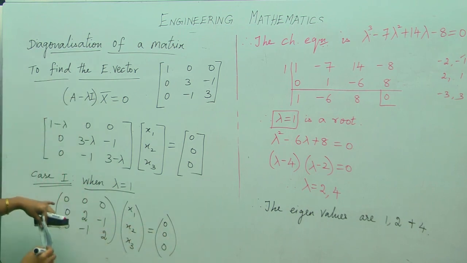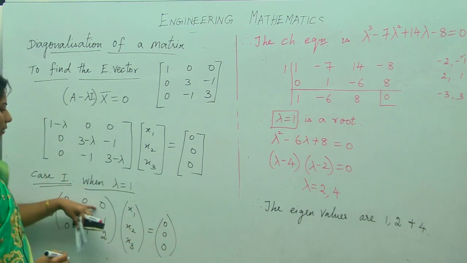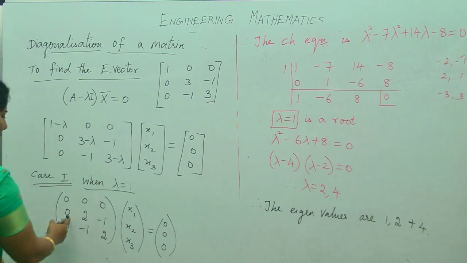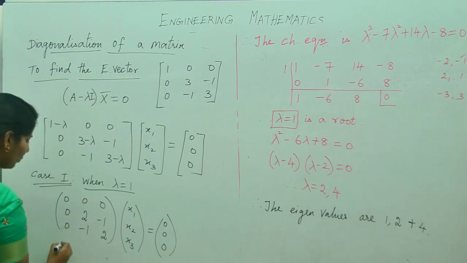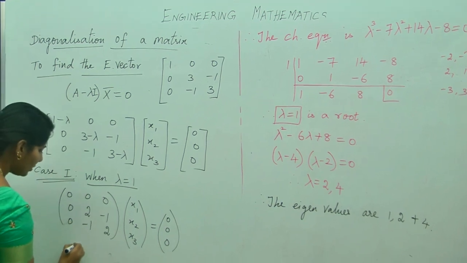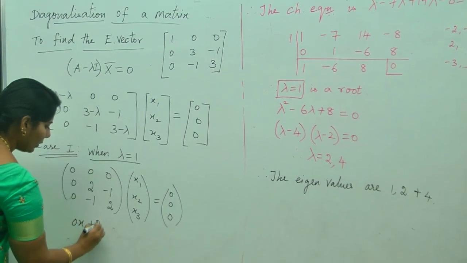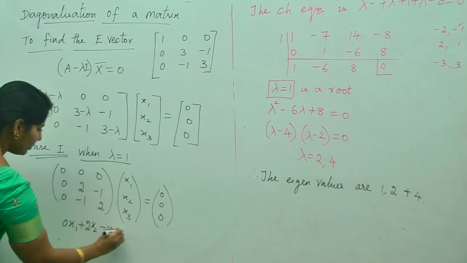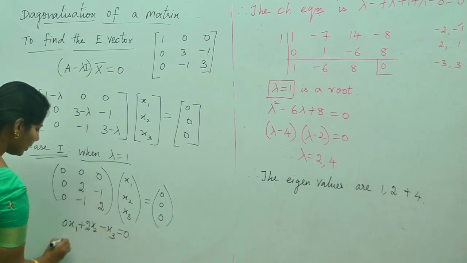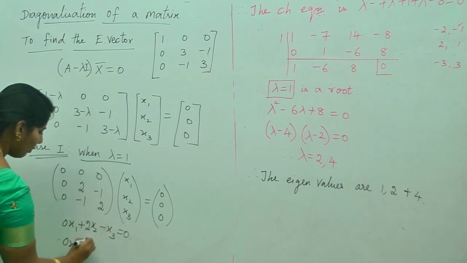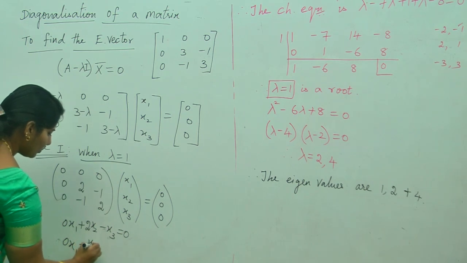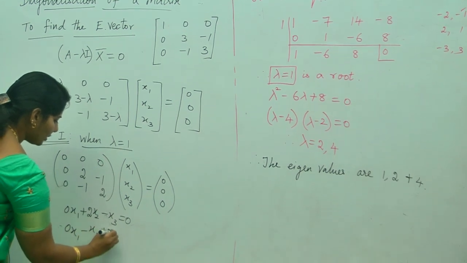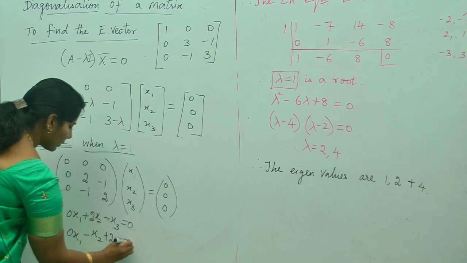See here in the first equation you are getting everything as 0. So, you can write down the second and the third equation. You can write it as 0x1 plus 2x2 minus x3 equal to 0 and similarly 0x1 minus x2 plus 2x3 is equal to 0.